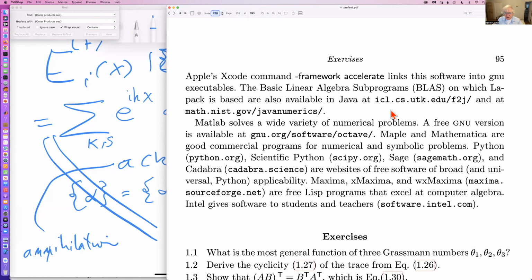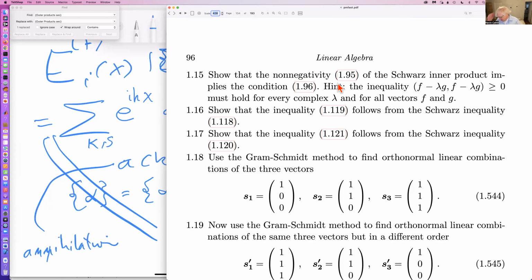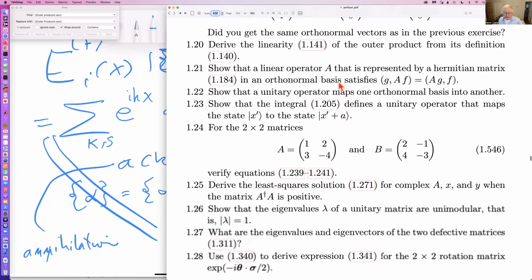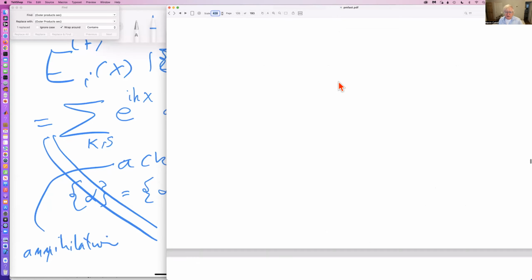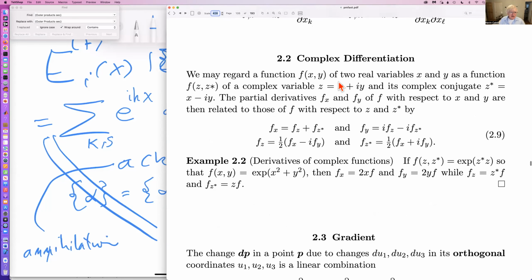This is basically the end of this chapter, and next week I guess we'll do chapters 2 and 3. 2 is very short, and I added a section to 2, so there's a new section in 2 that I might point out to you because it's relevant. The reason I added it was that I needed it to do some stuff in chapter 1.